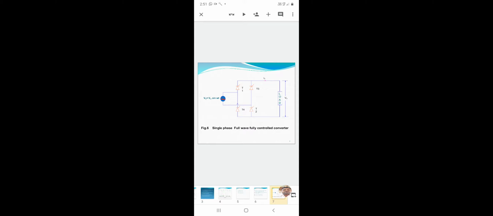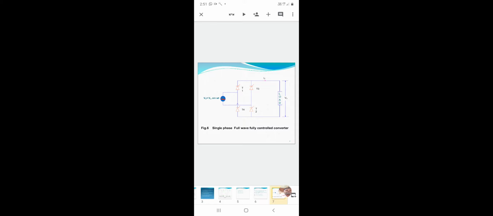The load is connected across the bridge circuit. Here the load is the R load, resistance load. The output voltage is measured across the load, and output current is flowing through the load. So this is the circuit diagram.